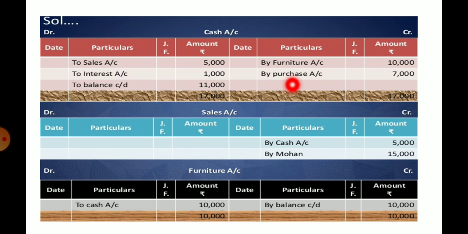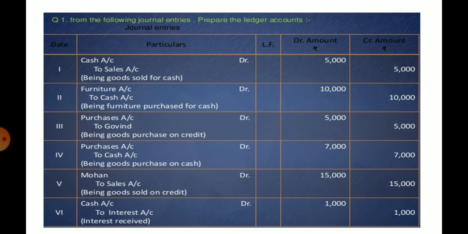Quite easy. Now the last transaction that contains cash: cash account debit to interest. Here cash is on the debit side, so interest should be posted on which side? Very good, that will be on the debit side.